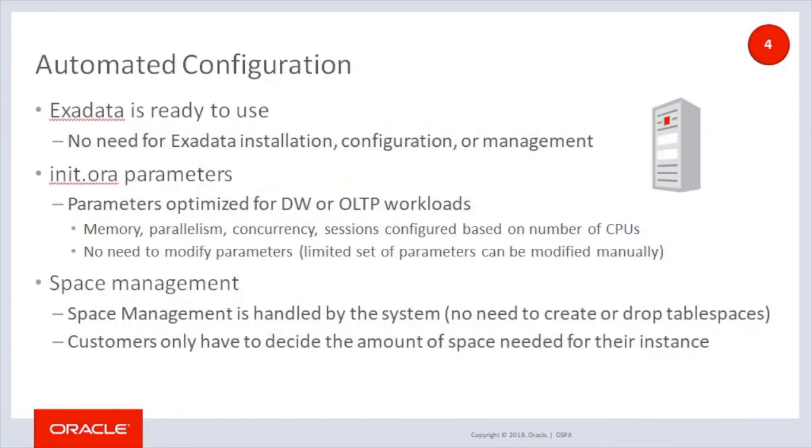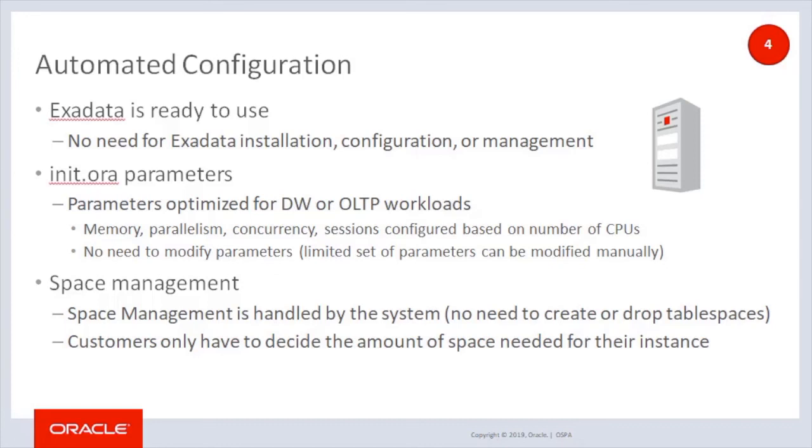As mentioned, Autonomous database runs on Exadata systems, but no Exadata installation, configuration, or management needs to be done, or can be done. Init.ora parameters are configured automatically in Autonomous database, depending on the service selected, ADW or ATP.